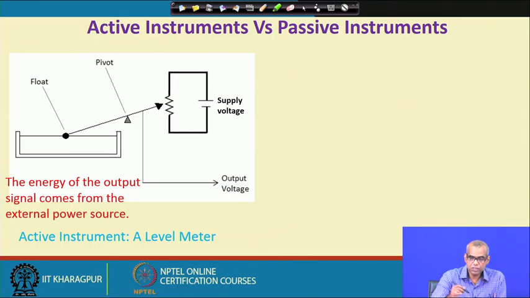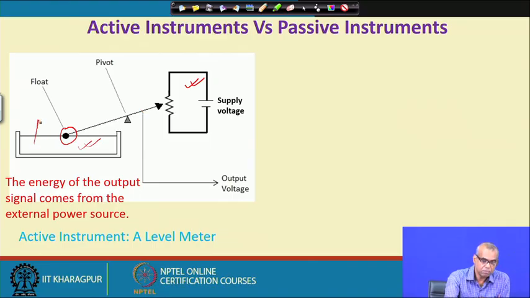Here we have a simple example of a level meter. Consider the liquid in a tank. You can imagine it to be petrol in the fuel tank of your bike. There is a float and this potentiometer is connected to this float through this arm.